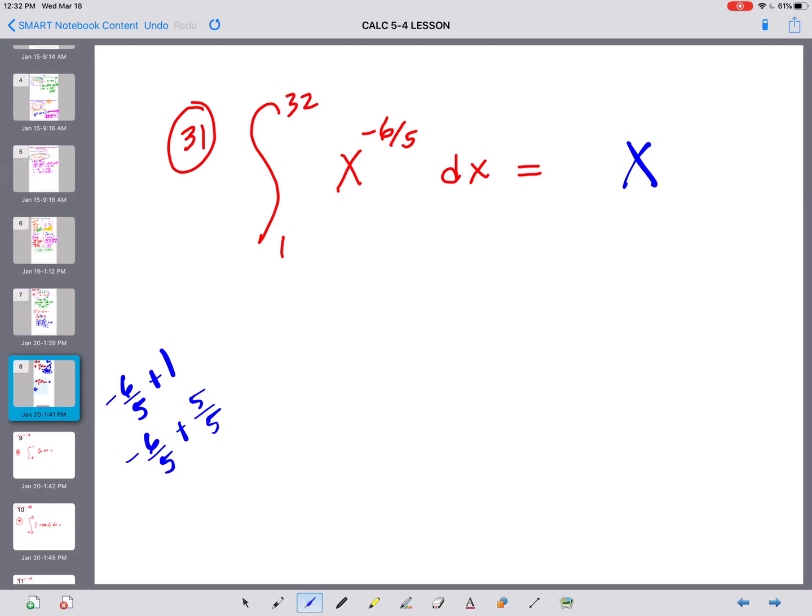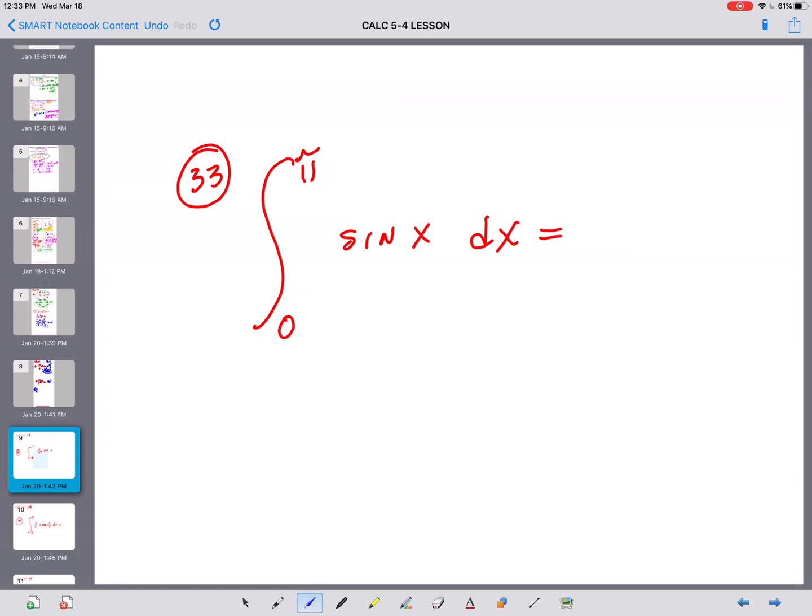Now put those together, and you get -1/5. That's going to be our power right here, -1/5. Now, -1/5 times what number gives you the 1 that's sitting right there? It's going to be the reciprocal, which is -5. There it is.